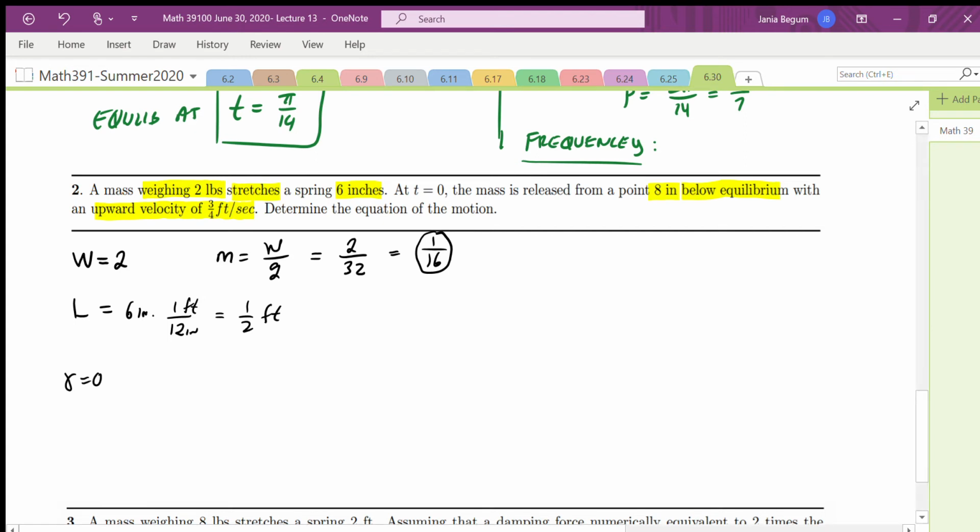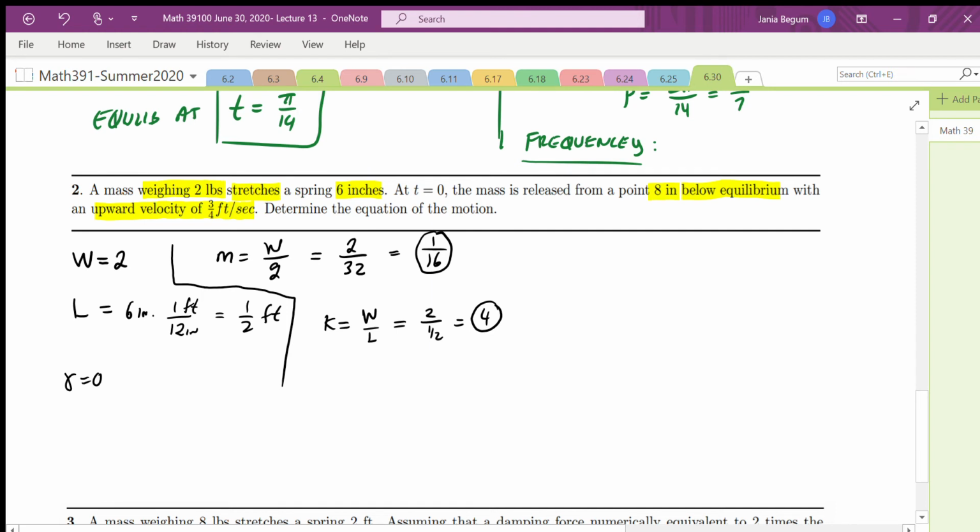So gamma is going to be 0. And then from L, we can determine the value for k. k is going to be the weight over L. So that would be 2 over 1/2, which is 4.